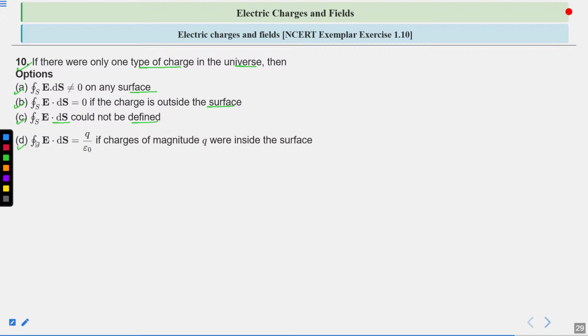And option D, closed integration E dot ds is equal to q divided by epsilon naught if charges of magnitude q were inside the surface. So which one is correct? Please think about this question. Which option is correct?